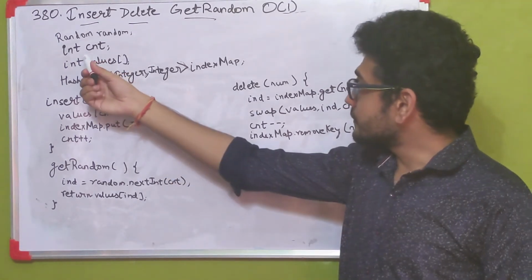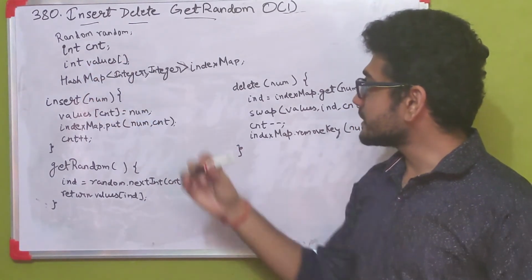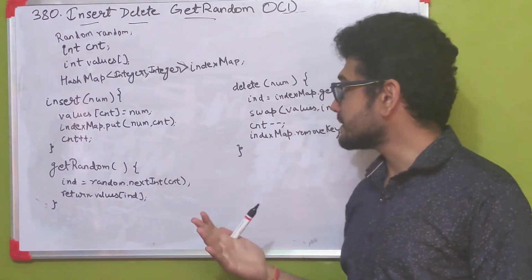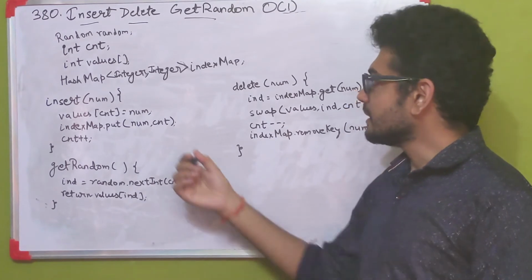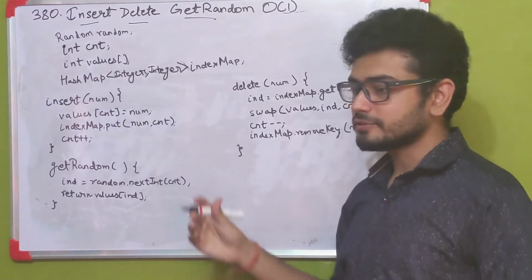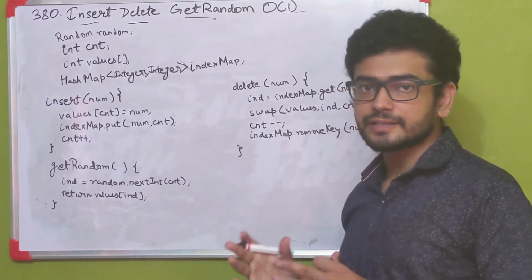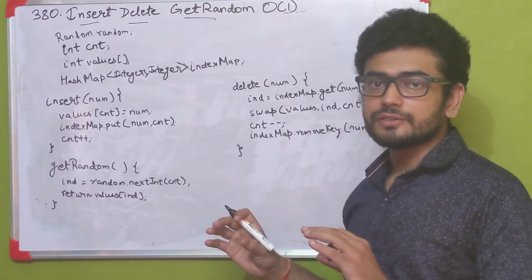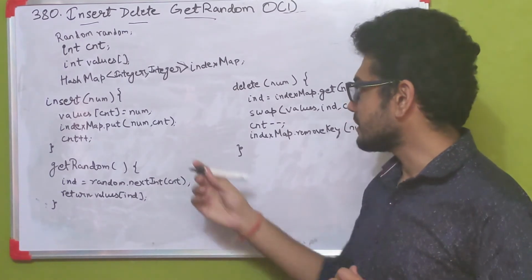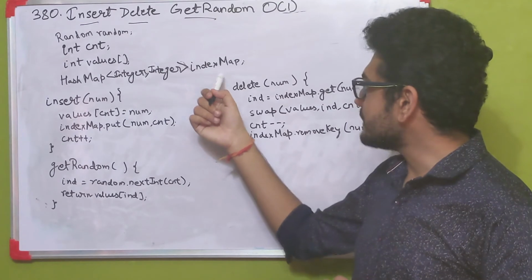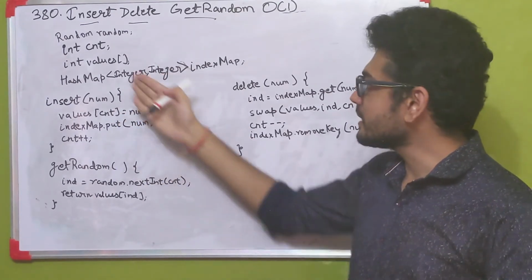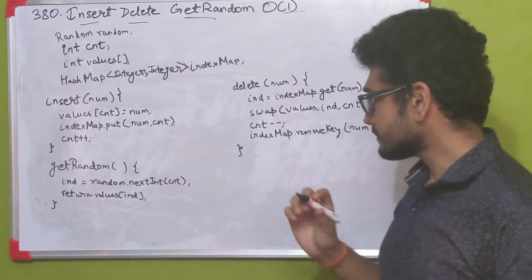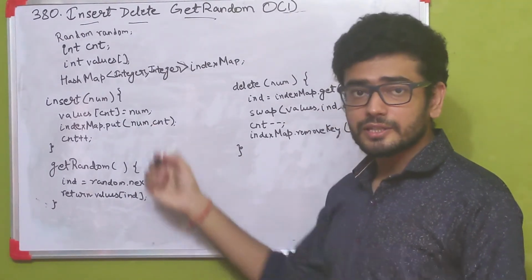The first thing we used was a count number, the counter of the number of elements present in our data structure. The next one is the values, an unordered array holding all the values present in our data structure. The third one is an index mapping, a hash map from the values to their indexes in the values array.